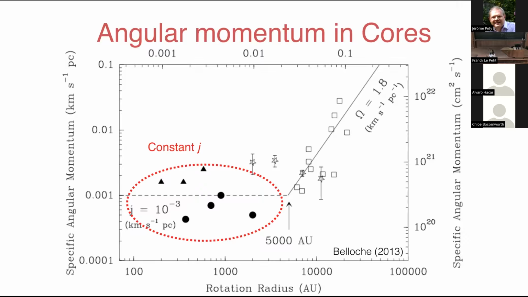Therefore, the angular momentum should be conserved, and that would provide an upper limit to the size of the largest disk that you can form without any MHD or any other mechanism for angular momentum dissipation or transport.